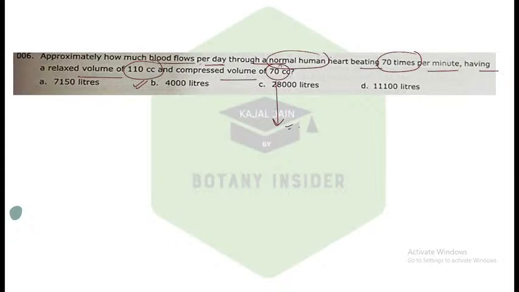It's again a simple question. If you understand what the question is asking, you will be able to solve it very easily. Okay, give it a try, everyone. You just have to get the complete understanding of minutes, hours, day and everything, and you will be able to solve it easily.